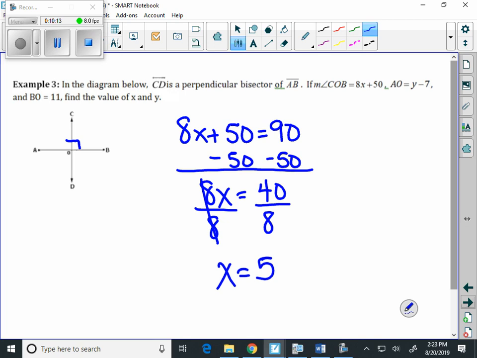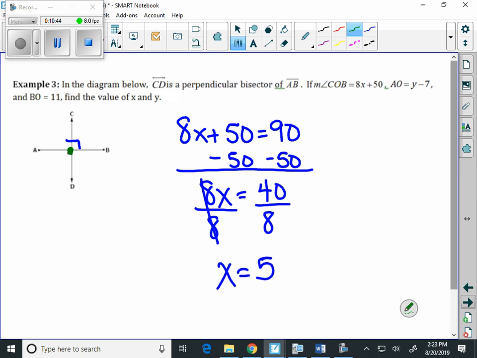But I didn't even read the entire problem. It also says that AO is y minus 7, and BO is 11. Since we had a perpendicular bisector, I put a point right there, that green point, and it's the midpoint.